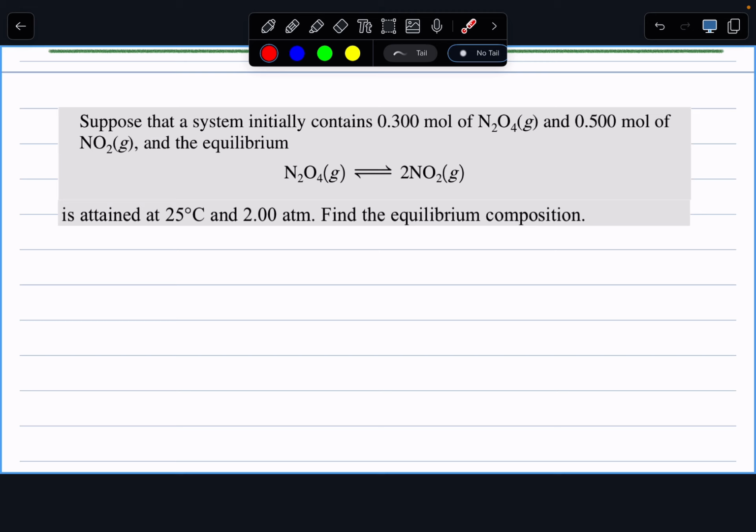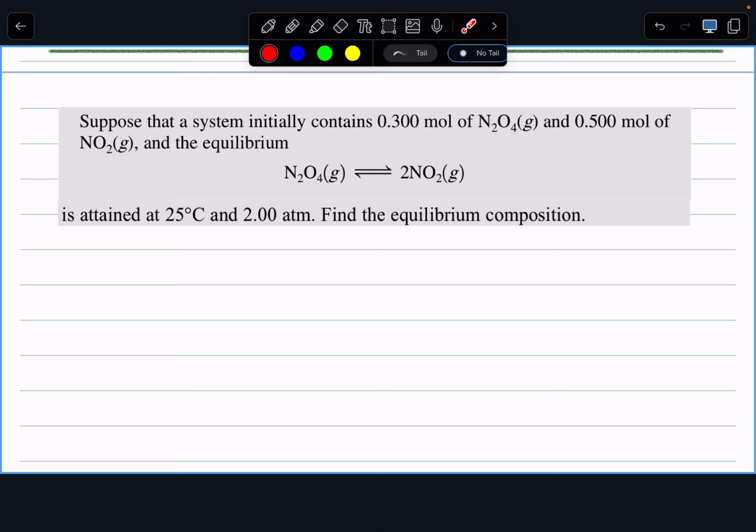So these numbers are from appendix data. All right, so first use the table, find the delta G of the reaction.